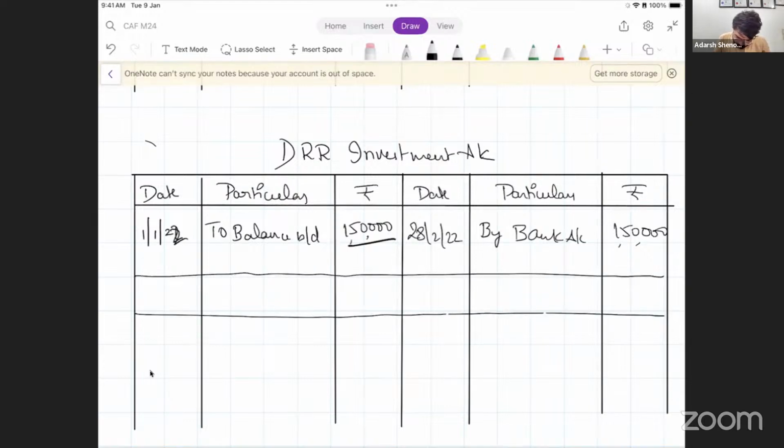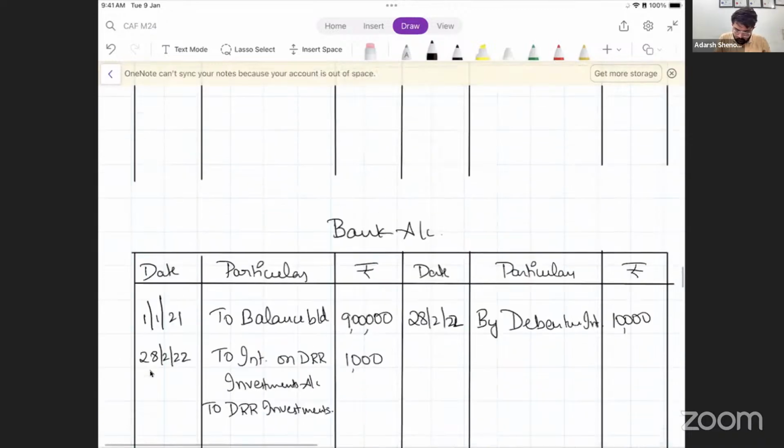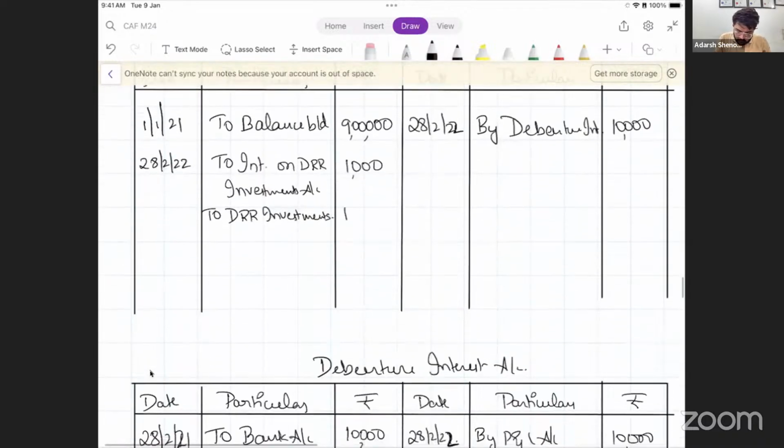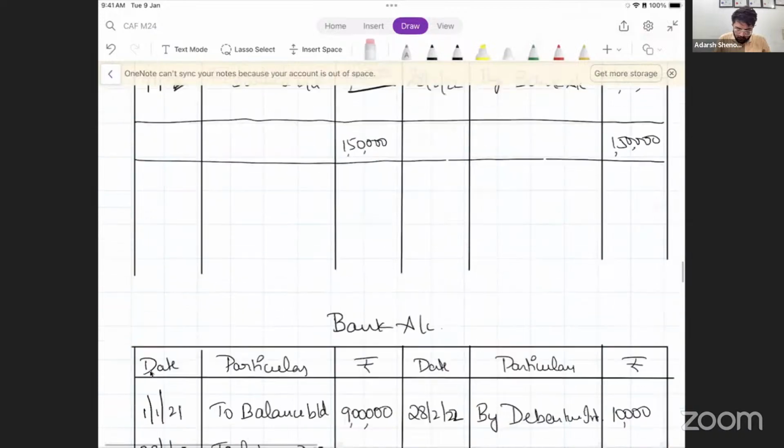This account will also be closed. You can post this to bank account, to DRR investments account. One lakh 50,000. Correct. Done. This is all from the DRR investments point of view.